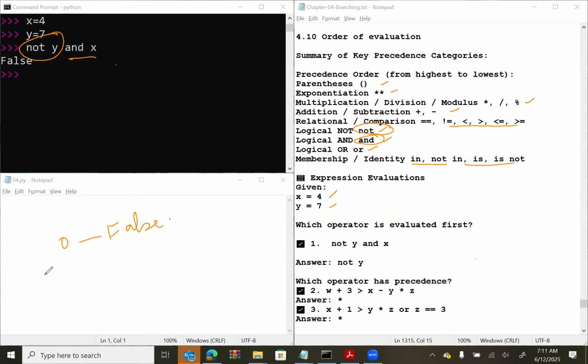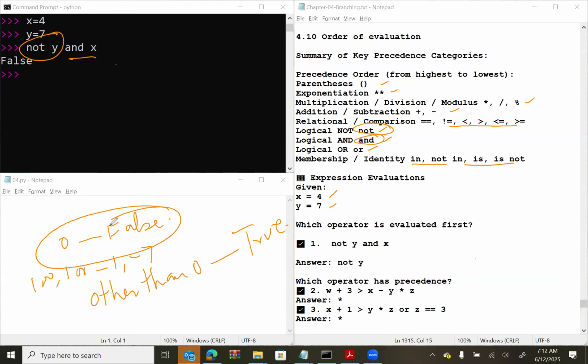And non-zero, it could be 1, or -1, or -10, 7, or 100, any other value other than 0. So I can say other than 0 is true. 0 is false. Keep in mind, 0 is false.